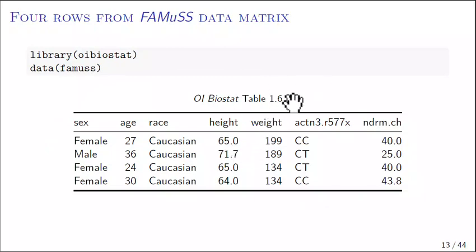So now we say this table is a so-called data matrix, right? This is a data set, okay? In this data set, we have each column as what? As a variable, okay? Sex, age, race, height, weight, and then these two complicated ones, I do not even bother to explain, okay? So, all right.